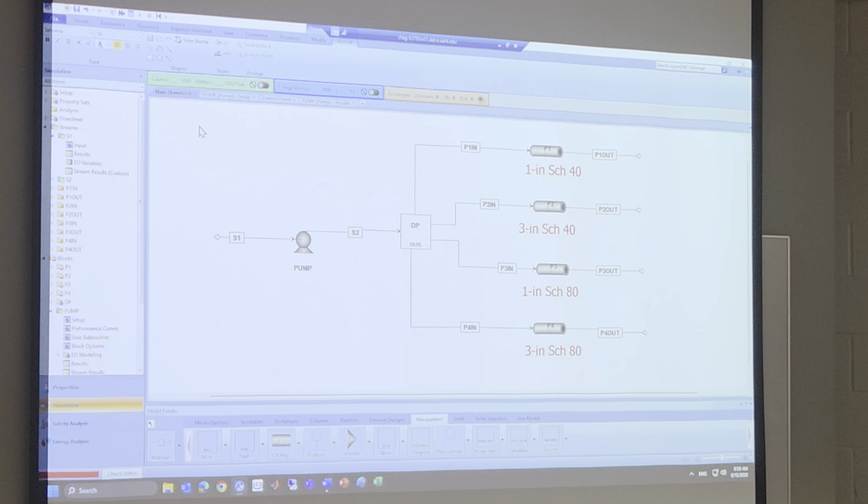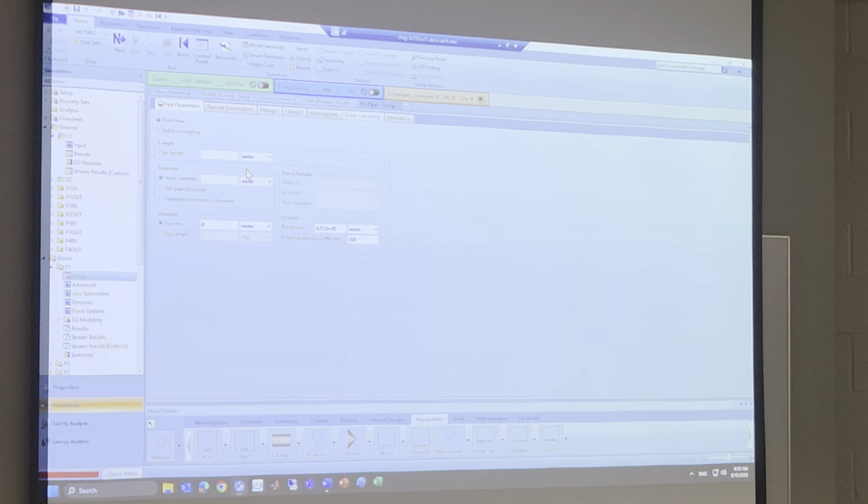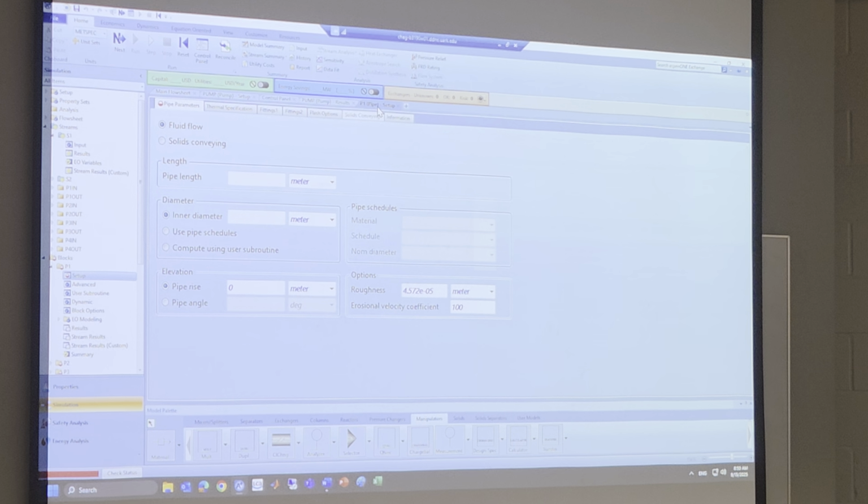Let's go next. Now we are working on the P1 pipe unit. We are running the pressure changers: pump, turbine, compressor, valve, pipe, pipeline. If you look at our slide, the length is given as 30 meters, and we know the pipe schedule, so I can choose to use pipe schedules.